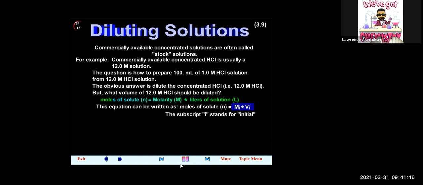The subscript i stands for initial. Thus, Mi equals initial molarity, and Vi equals initial volume.